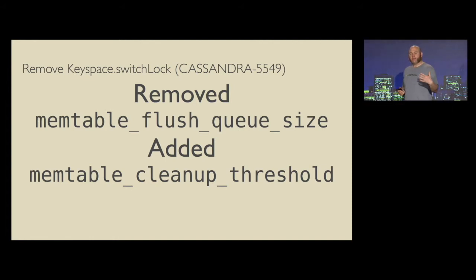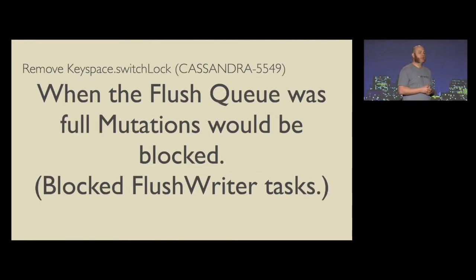And so the memtable flush queue size was removed, and then the memtable cleanup threshold was added. The cleanup threshold describes the ratio between the total amount of memory that you want to be allocated to memtables, and how much is in use. But removing the switch lock makes life a lot easier.